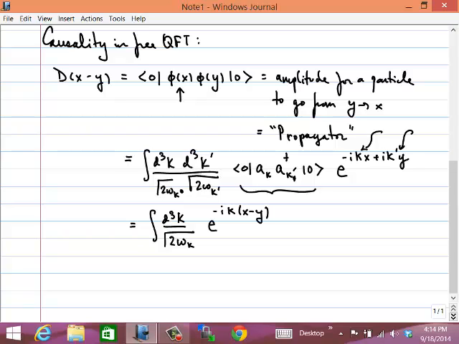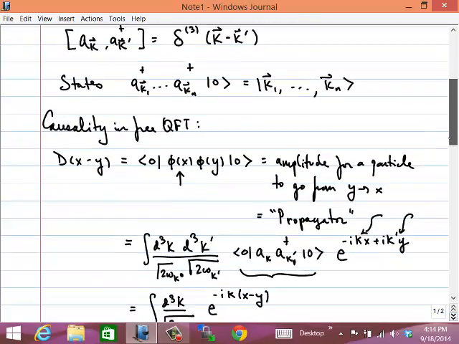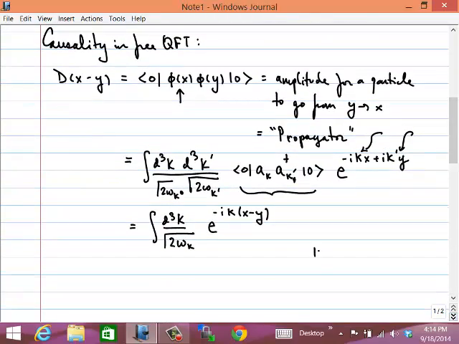In particular, I'm thinking of phi of y acting on the vacuum as being the state with the particle at point y, and phi of x acting on the vacuum as being the particle at position x. And then I'm considering the overlap between those two states. So you take the dual state to this, and what is that?